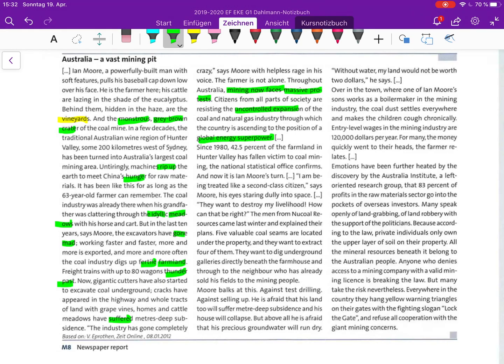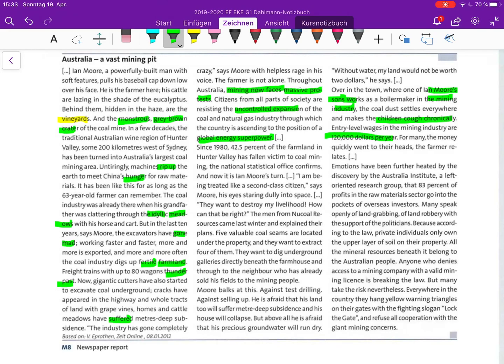Over in the town where one of Ian Moore's sons works as a boilermaker in the mining industry, the coal dust settles everywhere and makes the children cough chronically. Entry-level wages in the mining industry are $120,000 per year.